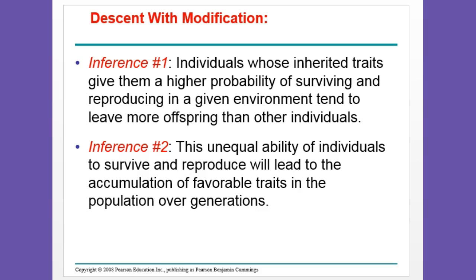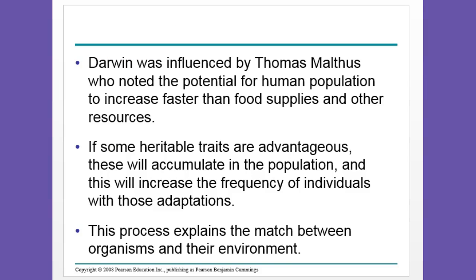Pretty straightforward there. Darwin was influenced in his thinking by Thomas Malthus, who noted the potential for human population to increase faster than food supplies and other resources. If some heritable traits are advantageous, these will accumulate in the population, and this will increase the frequency of individuals with those adaptations.